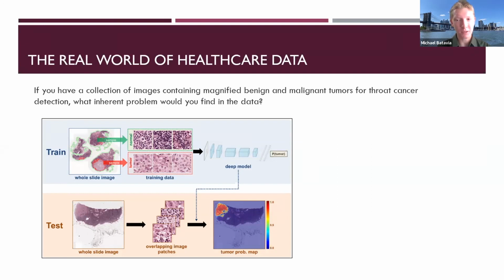What inherent problem would you find in the data? So imagine you are given a bunch of data with a bunch of images of benign and malignant tumors, and you're asked to use a neural network to learn which images are benign and which images are malignant. What problem would you find?